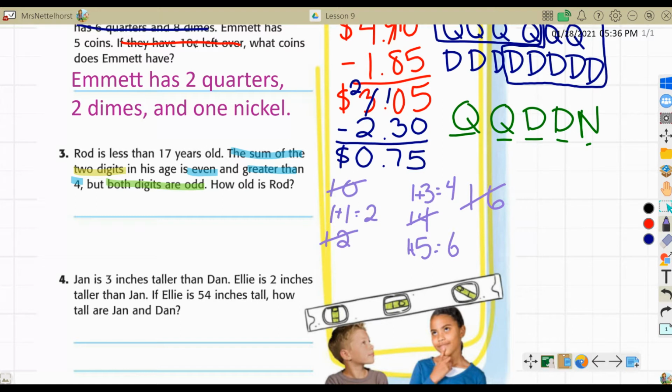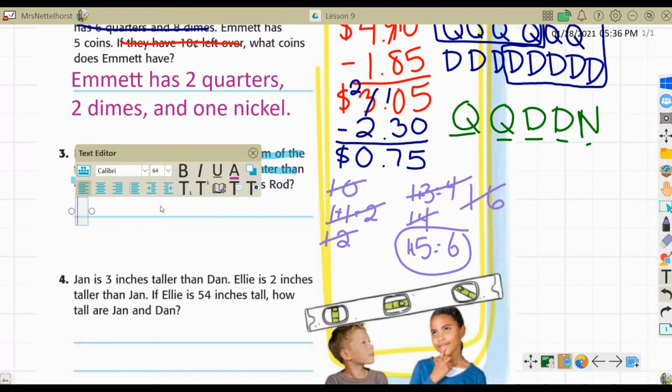Okay. So 2 is less than 4. 4 is equal to 4. So Rod has to be 15. Rod is 15 years old.